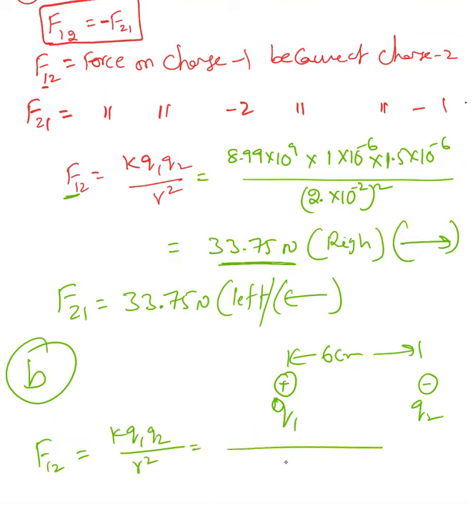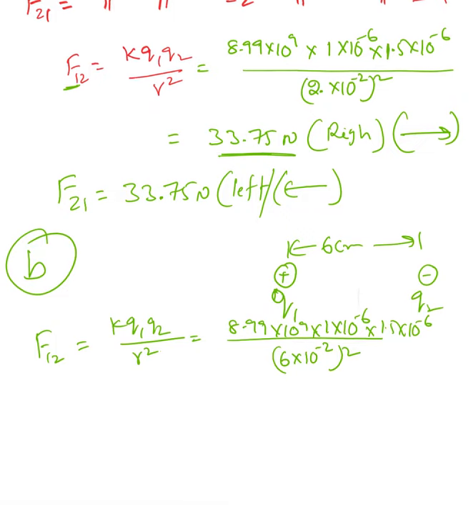You can use 6 centimeters squared, 6 times 10 to the power of minus 2, whole squared, with 8.99 times 10 to the power of 9 as the k value, q1 as 1 times 10 to the power of minus 6, and q2 as 1.5 times 10 to the power of minus 6.